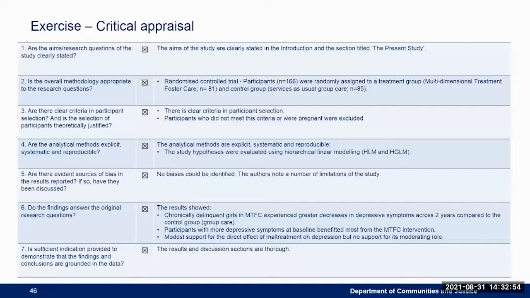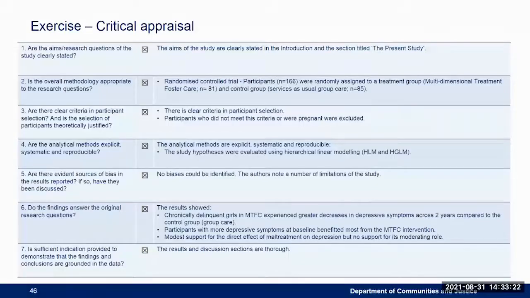All the referred girls in the program aged 13 to 17 years who had at least one criminal referral in the previous 12 months and were placed in out-of-home care within 12 months following the referral were enrolled in the trial. Any girls that did not meet this criteria or were pregnant at the time were excluded. So it's pretty clear criteria as well, and I marked it as a tick.